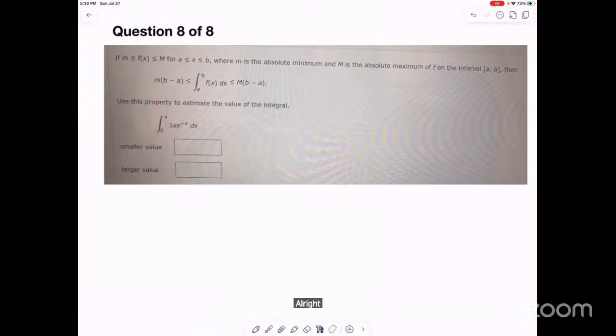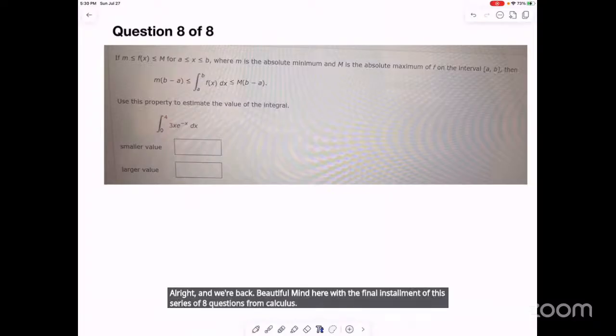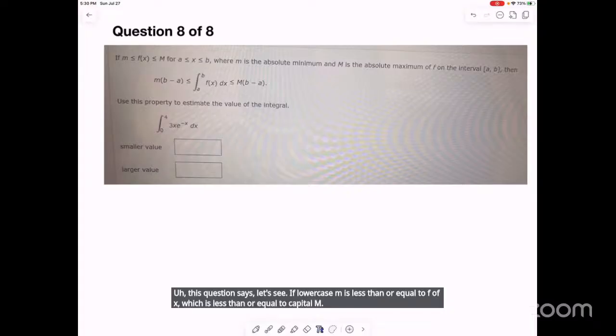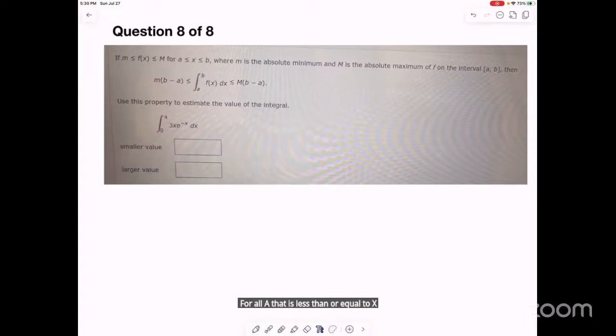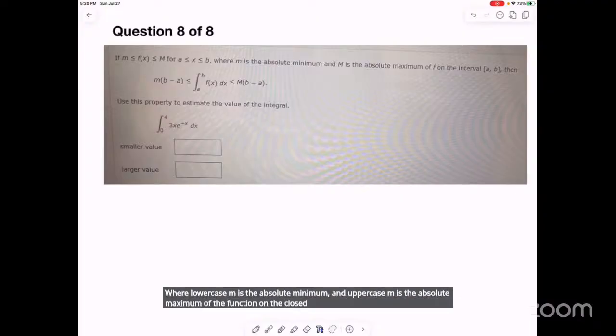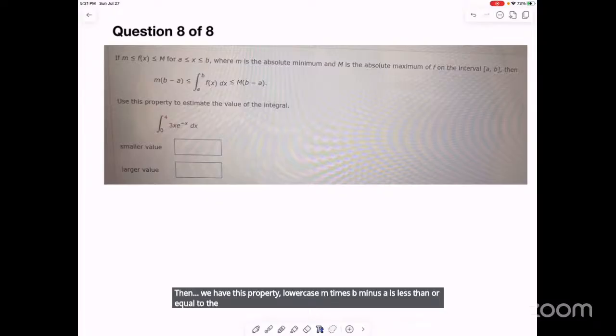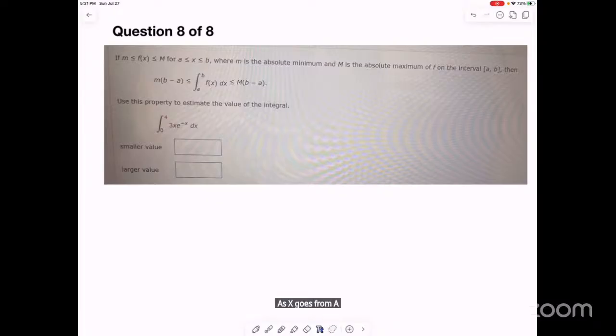All right, and we're back. Beautiful mind here with the final installment of this series of 8 questions from calculus. This question says, if lowercase m is less than or equal to f of x, which is less than or equal to capital M, for all a less than or equal to x, less than or equal to b, where lowercase m is the absolute minimum and uppercase M is the absolute maximum of the function on the closed interval from a to b, then we have this property: lowercase m times b minus a is less than or equal to the integral as x goes from a to b of f of x dx, which is less than or equal to capital M times b minus a.